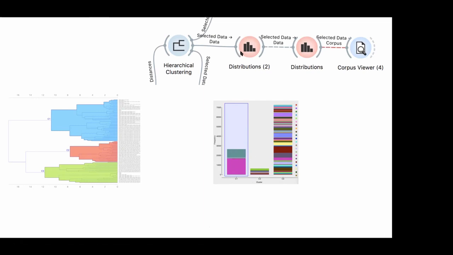And then if I want to study it further, I get another distribution graph that shows me, for example, I select this column, and then I can see the distribution of the newspapers or the years. Of course, I can play around in many ways, but this is the way that we select our data. And finally, I can also add this module of the corpus viewer that lets me actually read the items.